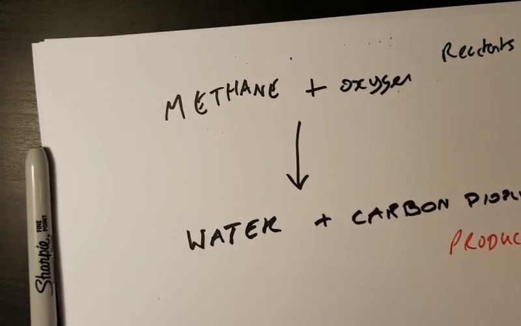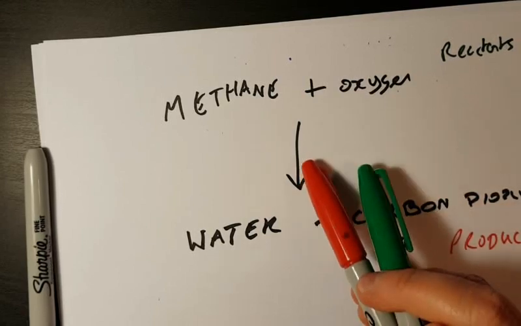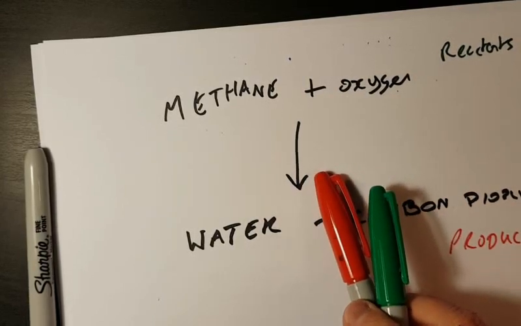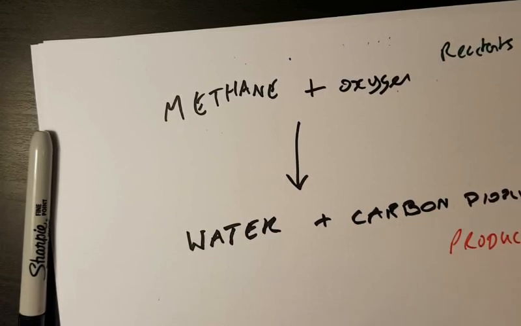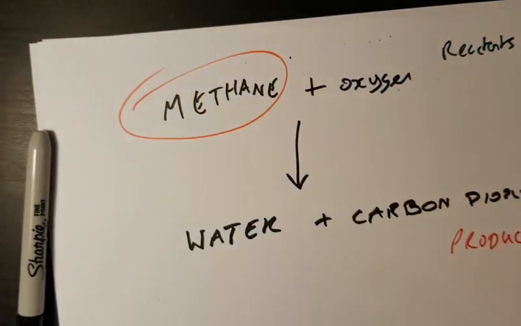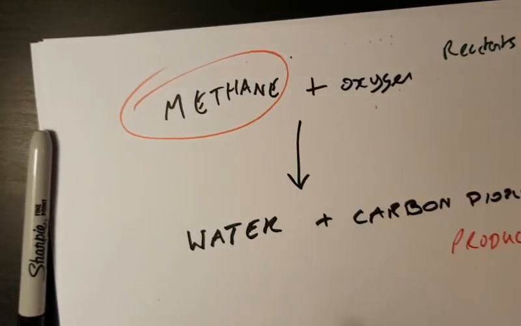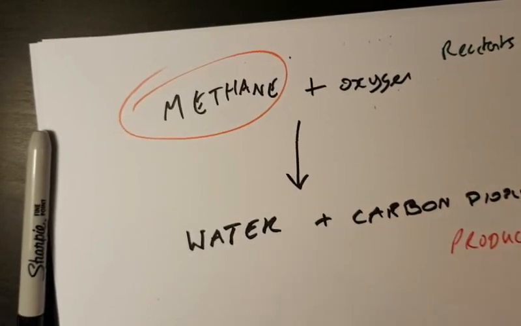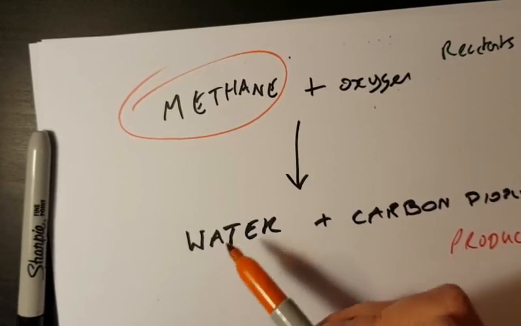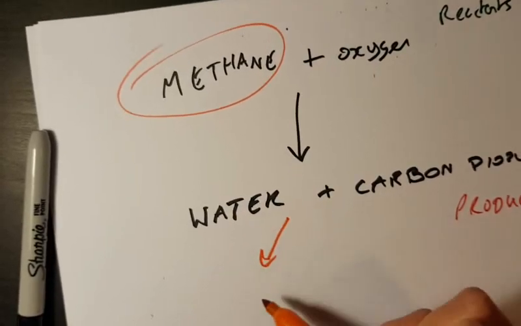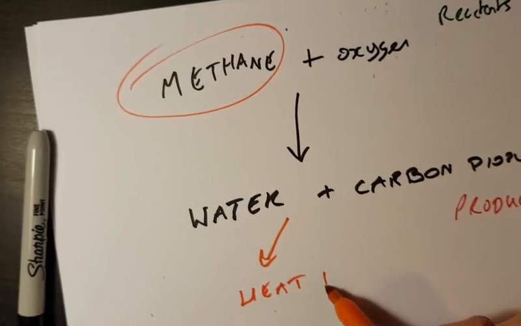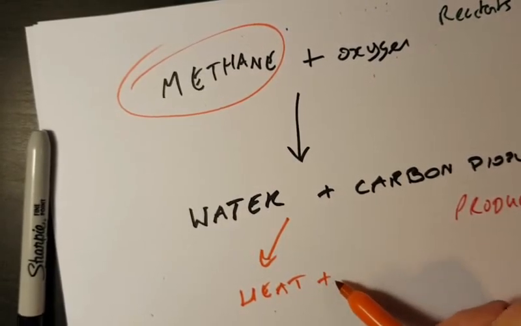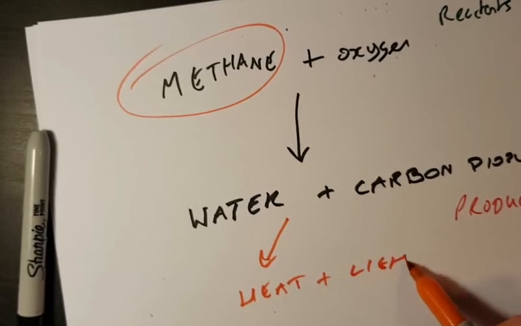Now remember, we needed a flame or a spark to start this reaction off. The store of our energy here was the methane. That was our fuel, okay? But we need the oxygen as the other reactant to then produce the water and the carbon dioxide. But also remember, we're also releasing heat and light energy here, which is the whole point of doing the combustion reaction a lot of the time.